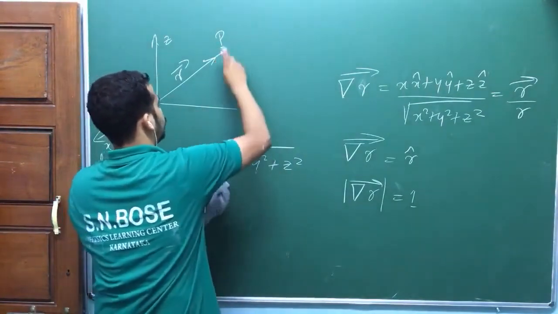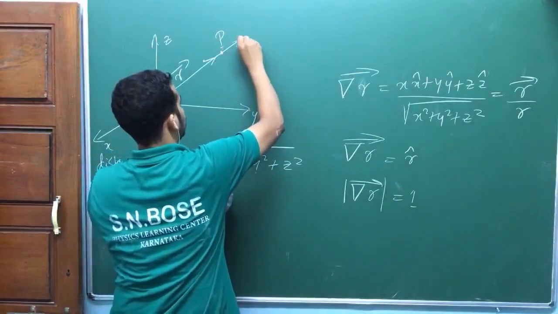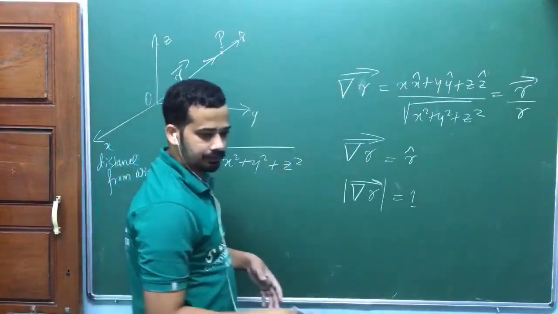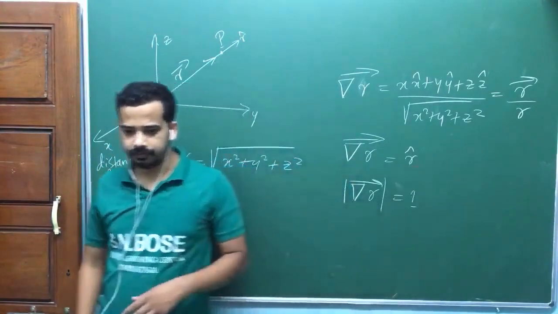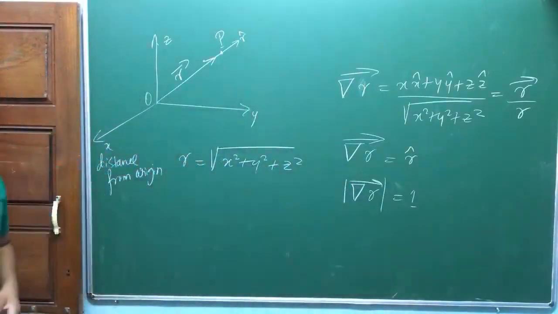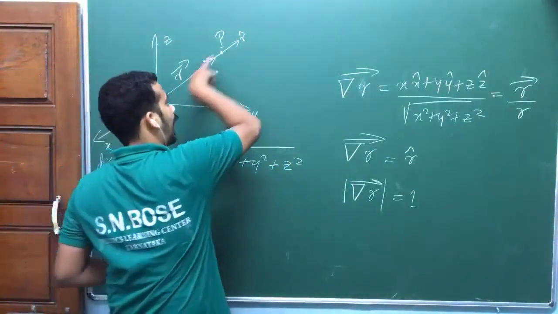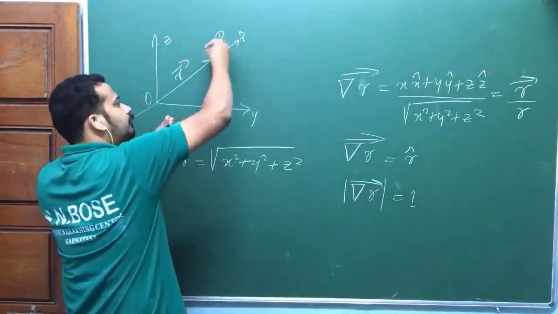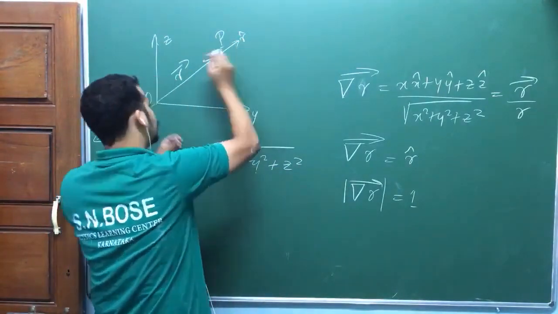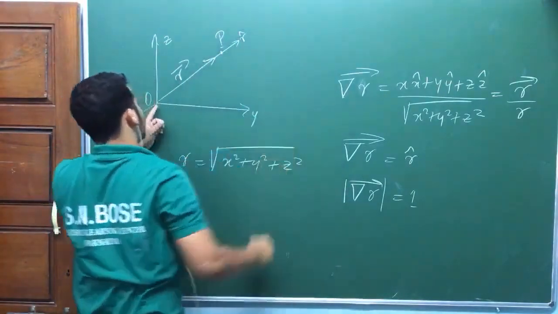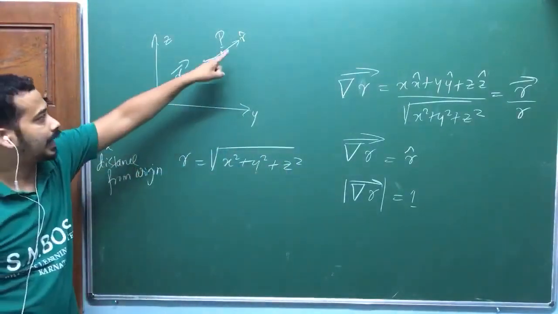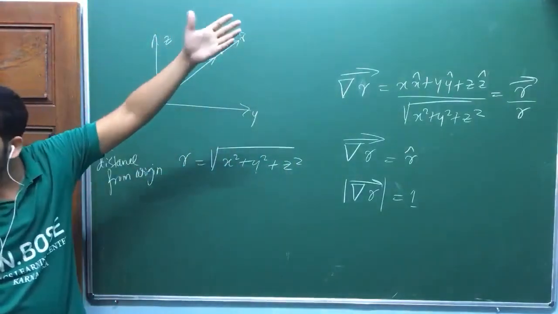Can I draw it like this? When you move along the r cap direction, that means you are moving away from the origin. That r cap points away from the origin. Can I say like this?